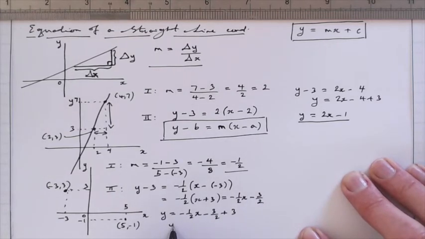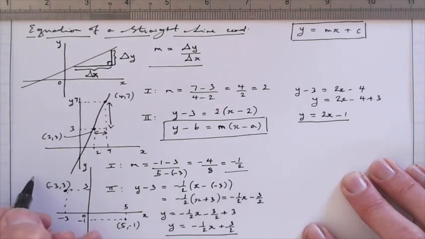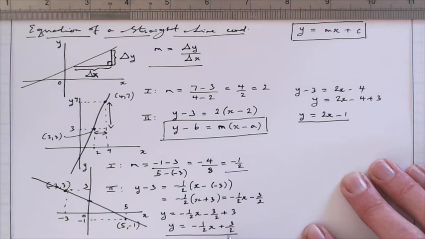So finally then I have y equals negative a half x plus 3 halves, because 3 take away 3 halves is 3 halves. And that's the answer. That's the equation for this particular straight line, which I will try to sketch. And it looks reasonable, right? You know, it's cutting the y-axis at 3 halves, has a slope which is clearly negative and quite shallow.